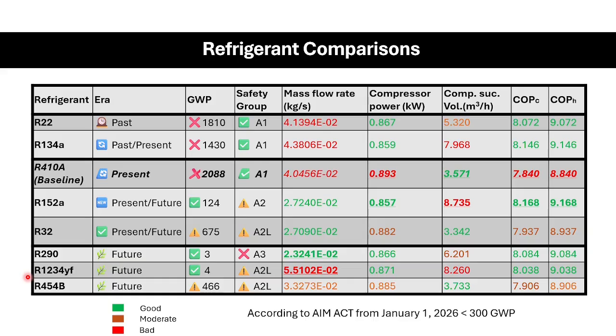Out of these three, R152A has the highest efficiencies, but it is A2 category, while R1234YF also has comparable COP and is less flammable than R152A, whereas R290 is highly flammable among these and hence is least desirable.